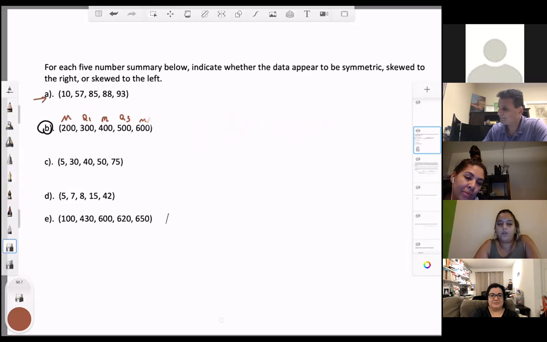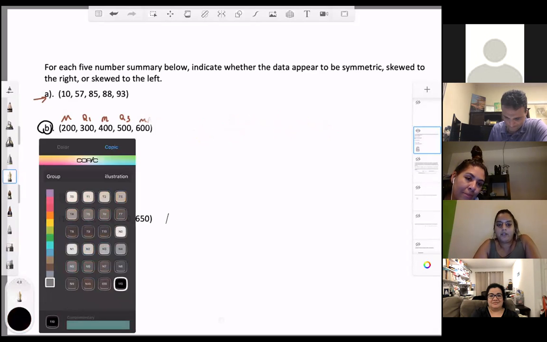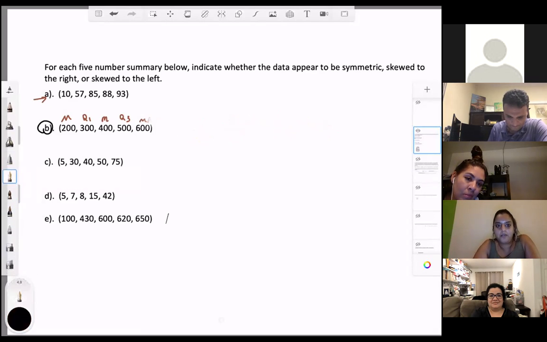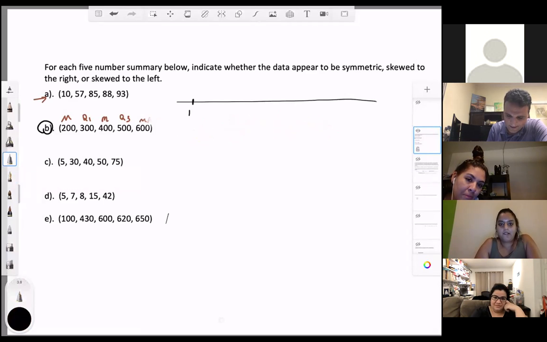Would that be right? I'm sorry, left skewed? Yes, it would be left. But did you just pick it left? I don't know. The numbers are higher towards the end, so it just seems like it would. So let's see. We have minimum is 10.